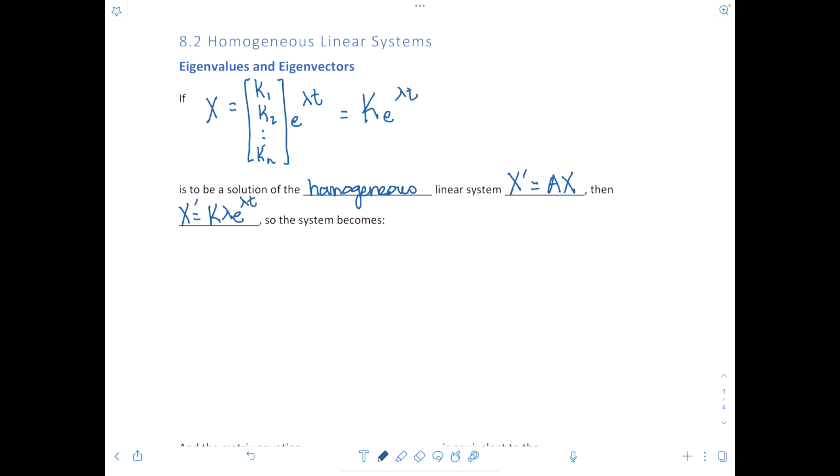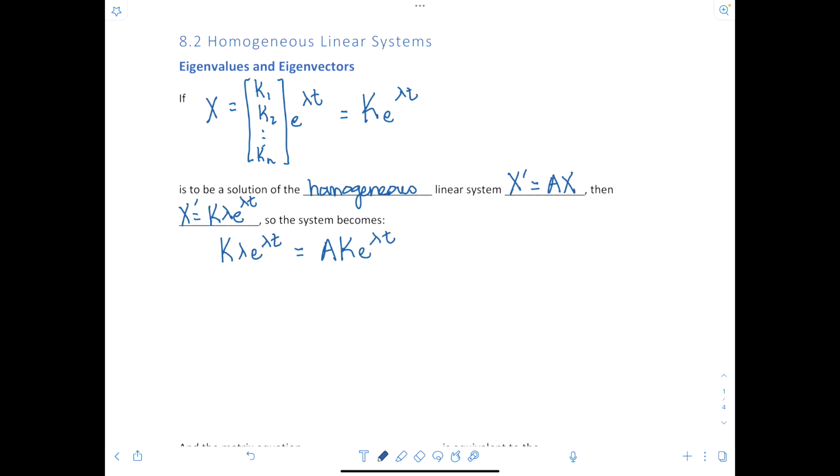the lambda t. So the system becomes capital K lambda e to the lambda t is equal to capital A times K. Again, these are all matrices except for the exponential e to the lambda t.